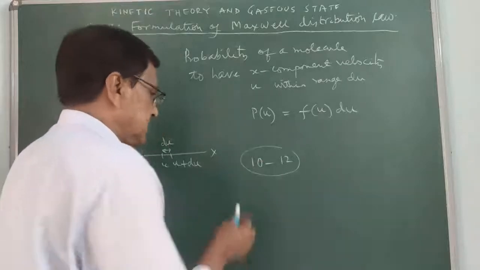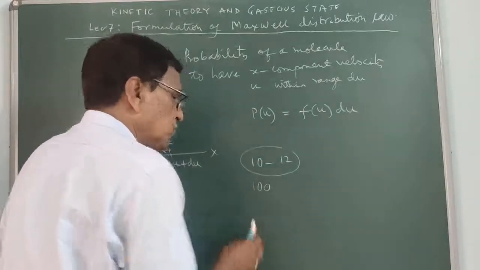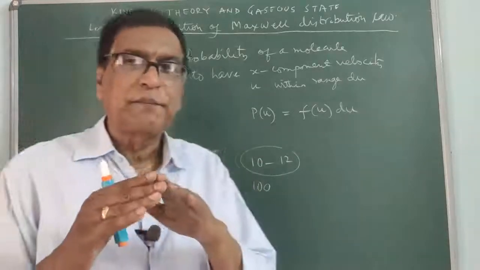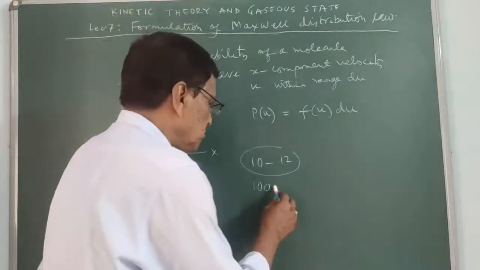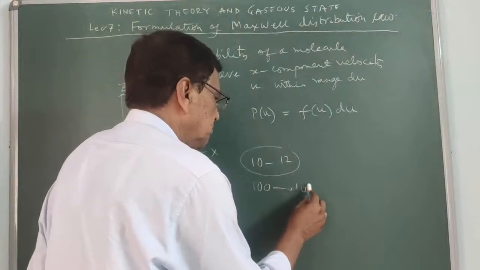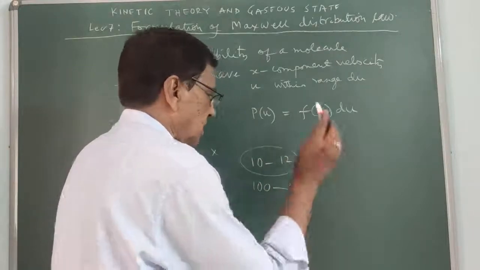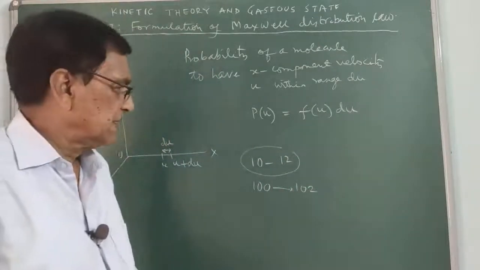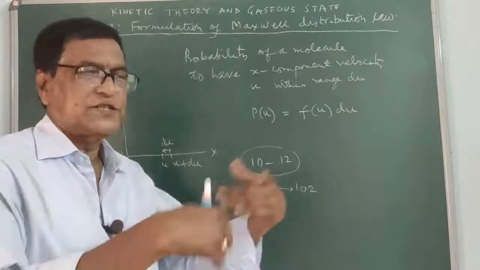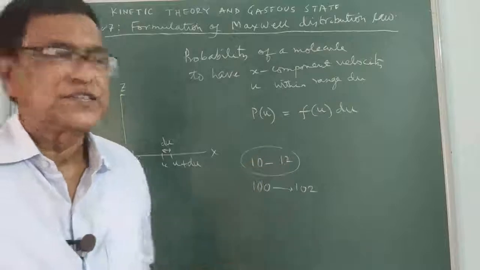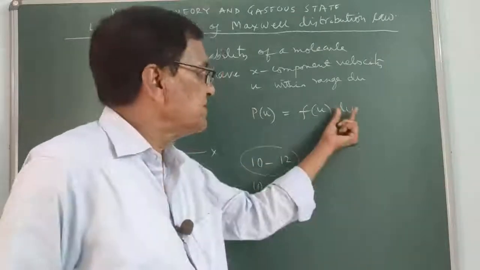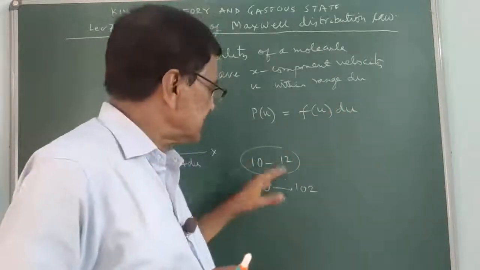Suppose we ask the probability of a student to have 100 to 102, then this probability will not be the same, though the range is the same.